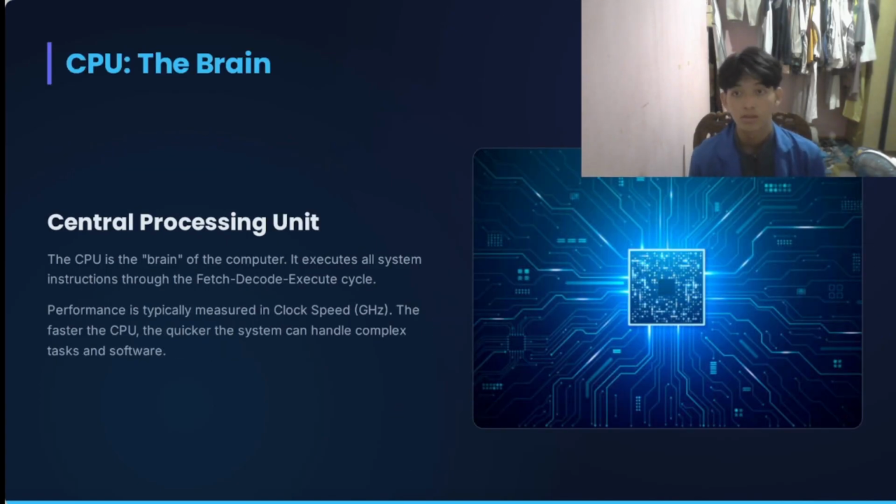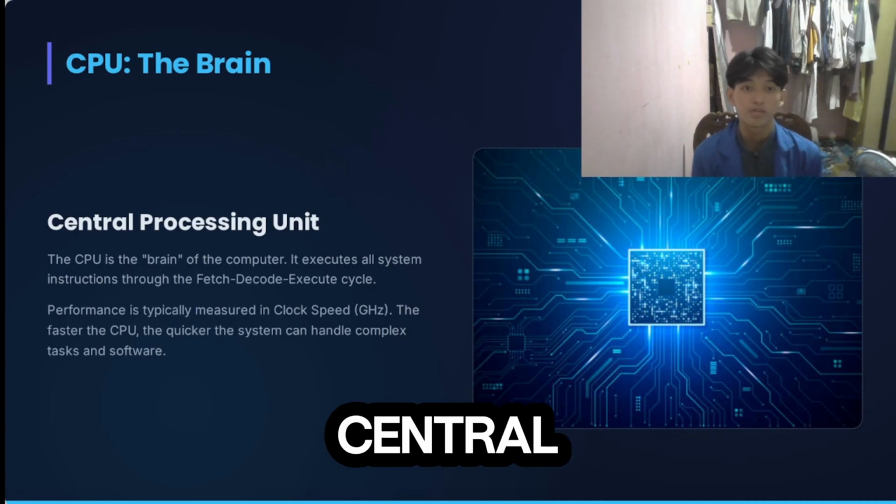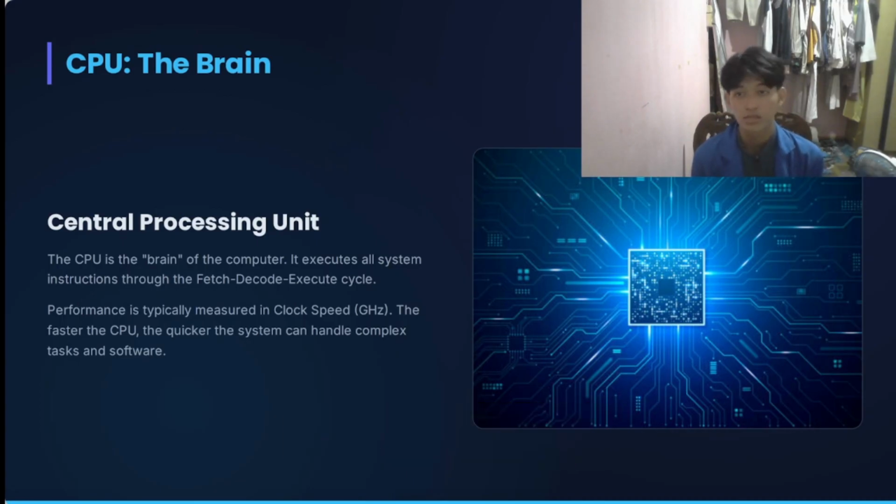Next, CPU, the brain, the central processing unit. Sitting on the motherboard is the CPU, or central processing unit. It is the brain of the computer.